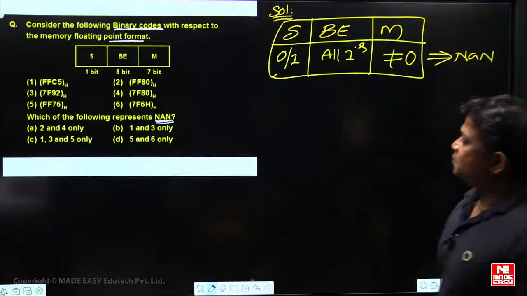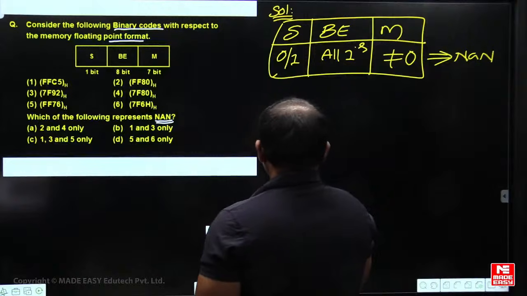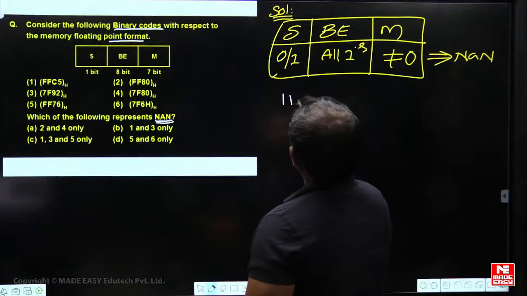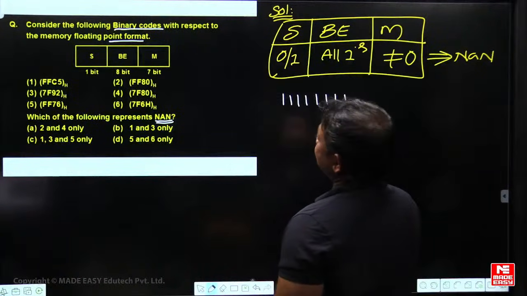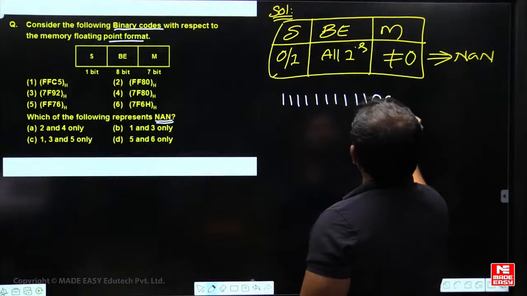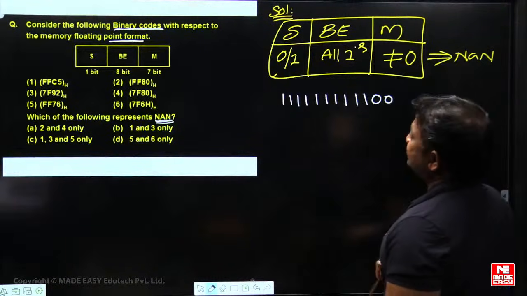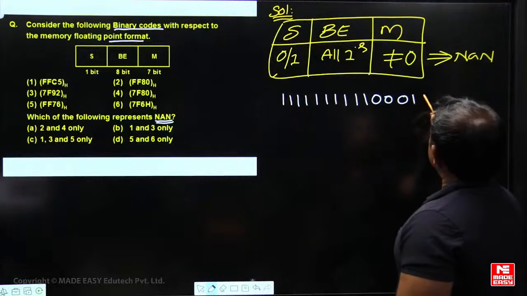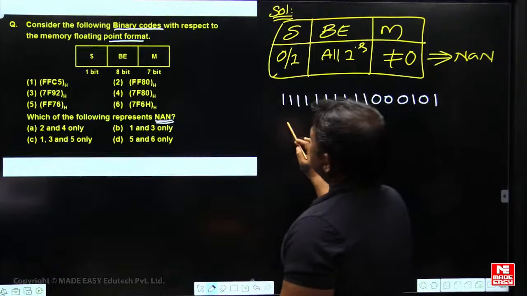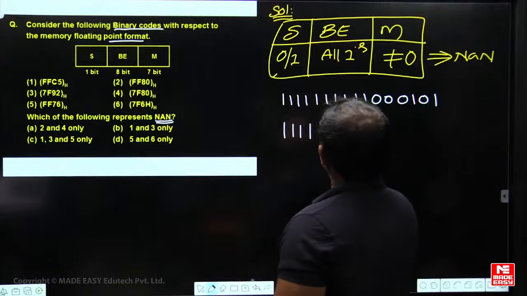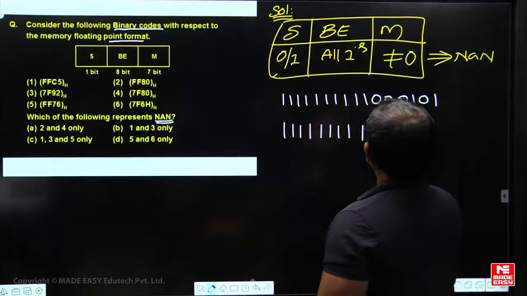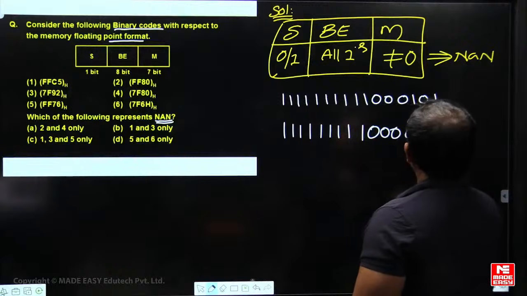Okay, given options, you check. First one, yeah, again 4 ones, then 5, 0 1, then 2 1, 8 1 0 0 0.